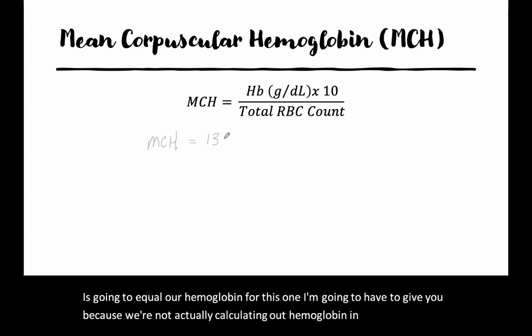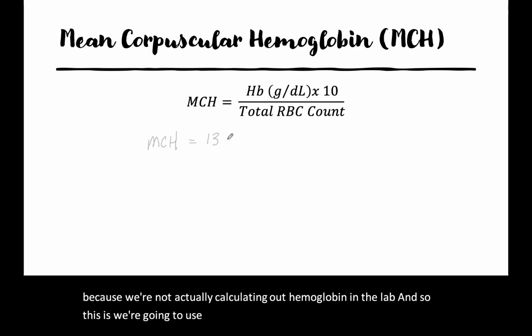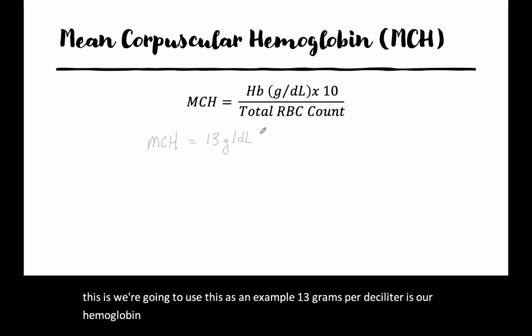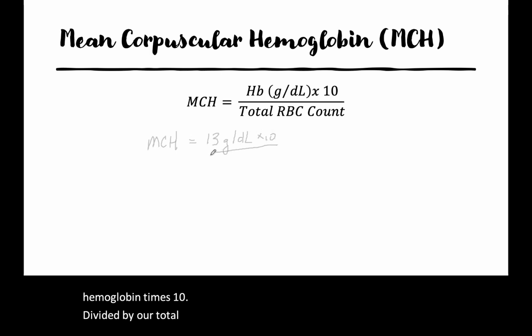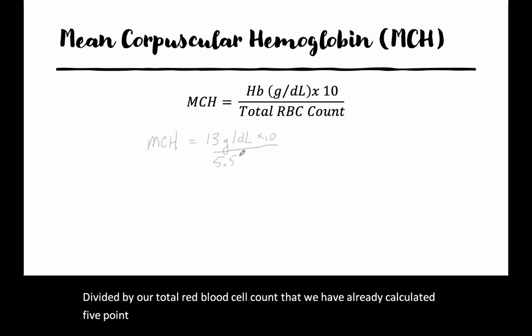So we're going to use as an example 13 grams per deciliter as our hemoglobin, times 10, divided by our total red blood cell count that we have already calculated, 5.5 times 10 to the 6th RBCs per millimeter cubed of blood.